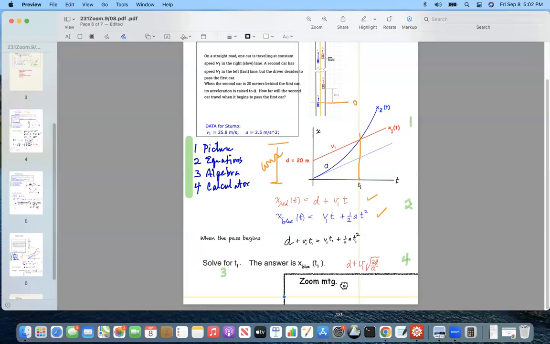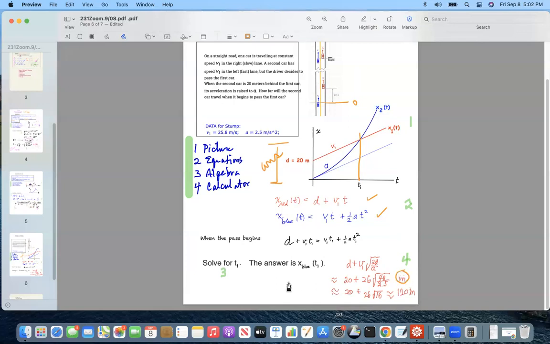Now I pick up my calculator. So d is 20, v1 is about 26, let's say. Square root of 2 times d, d was 20, so 40 divided by a is 2.5, and the unit is meters.